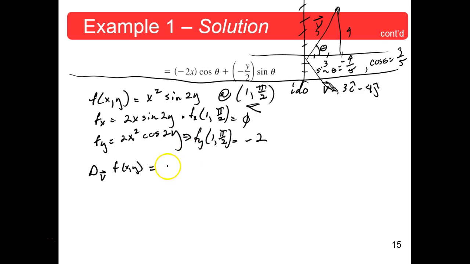Plus f sub y, which is negative 2, times the sine, and what was the sine of your theta? Negative 4/5. So this will be 8/5, which is 1.6. Yep, that's what they got it to be.